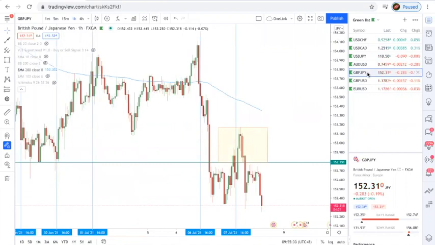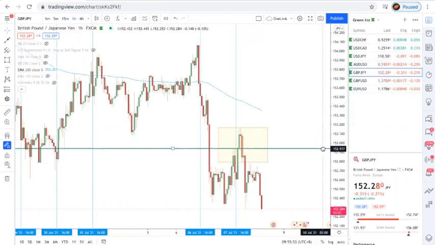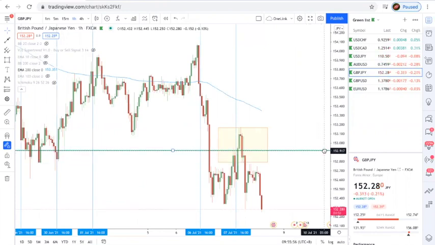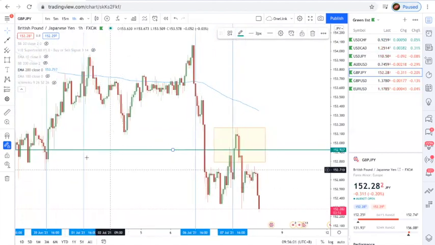You can see Great Britain Japan, same thing. It is still having a very good selling pressure again, and I can say that the best selling on this particular pair, I say it will go up to here. That will be the sell, because I'm taking the tip of this particular here.